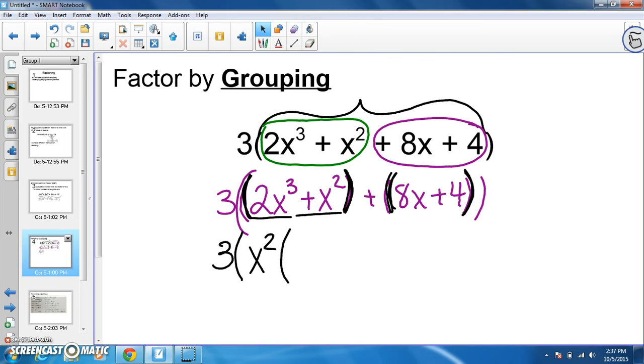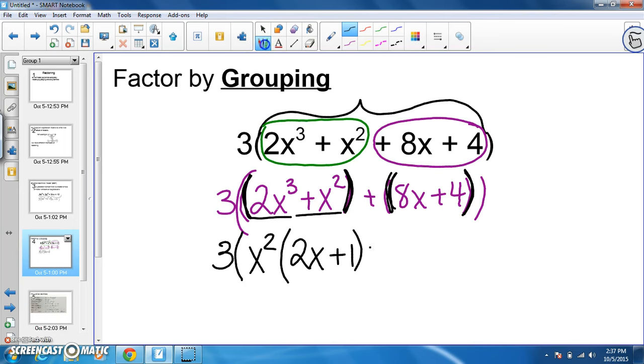So we're left with, inside our parentheses, 2x plus 1. And in our second set of parentheses, our greatest common factor is 4, so plus 4. We're going to factor out of each term and be left with 2x plus 1.